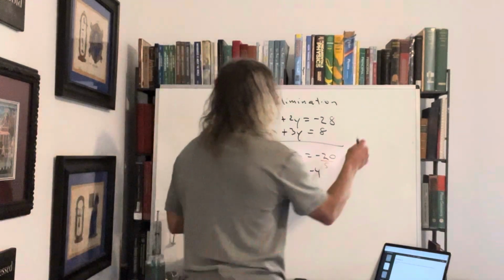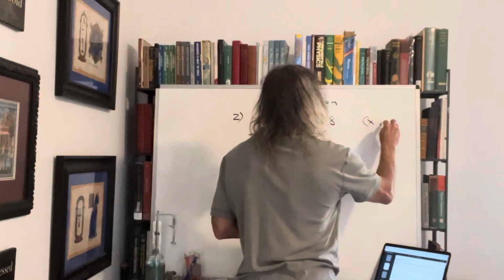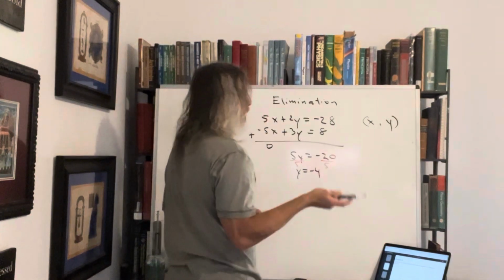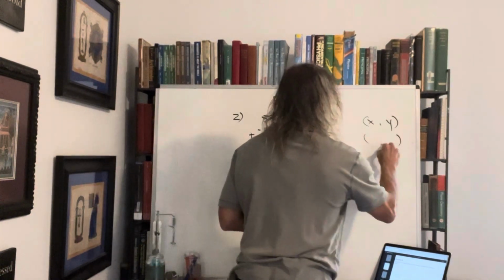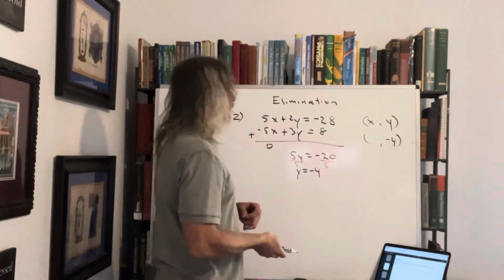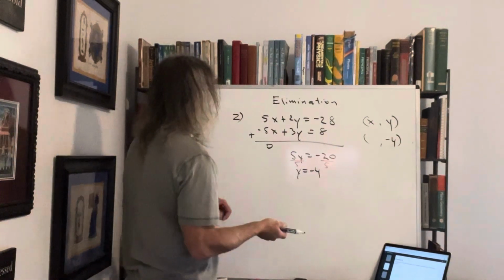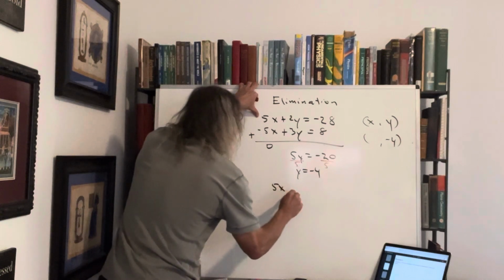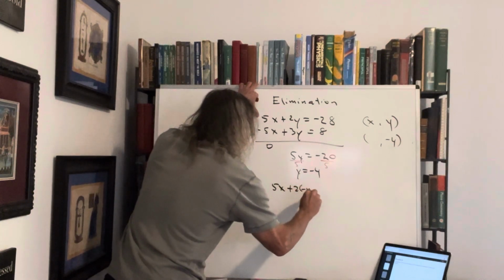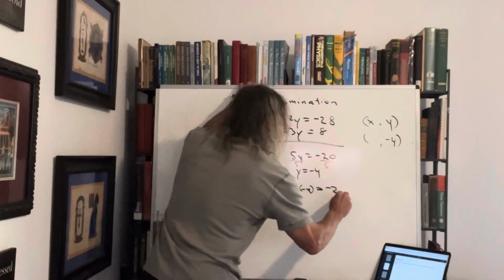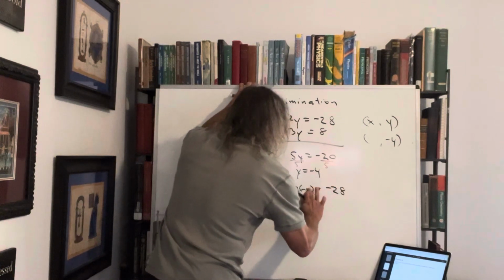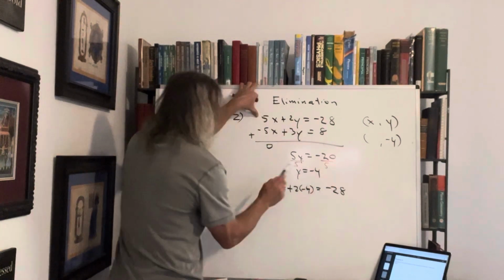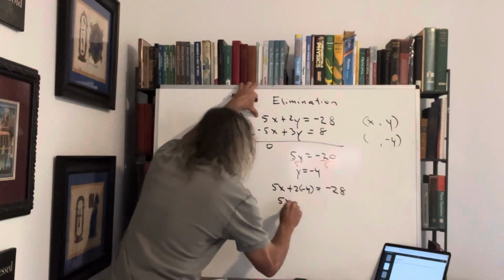We got the y. Remember, we need an x and a y. We got the y, now we need to get the x. So I'll pick this equation, and we have 5x plus 2 times negative 4 is negative 28. 2 times negative 4 is negative 8.